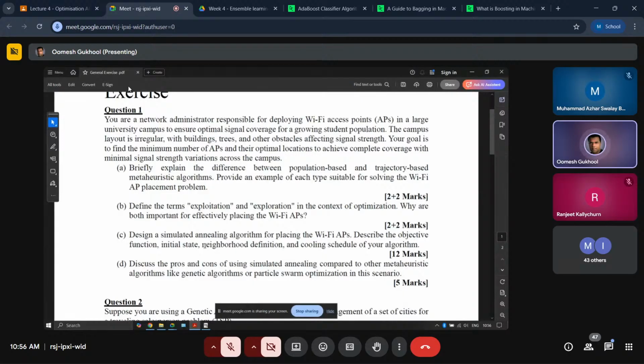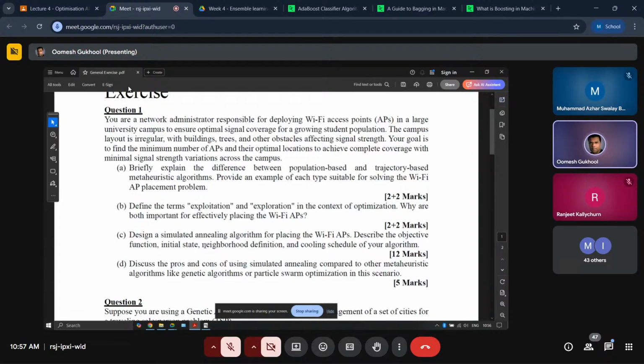The objective function, if you recall, somewhere I'm calculating the fitness function. I can just call a function named the fitness function. In this particular case, I want to minimize the total number of APs, so it is included in there.